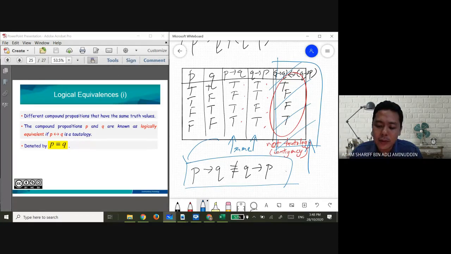They show the best answer. They show whether the biconditional between those two compound propositions is a tautology or not. That is the best. However, if the student does this, same what? Same truth value. I can sometimes accept it too, depending on the distribution of the marks. Okay?